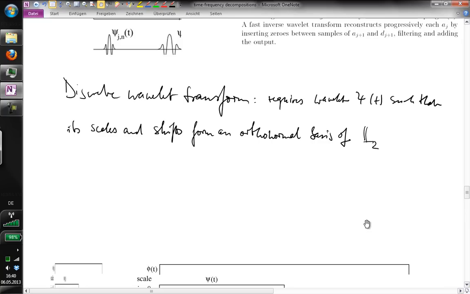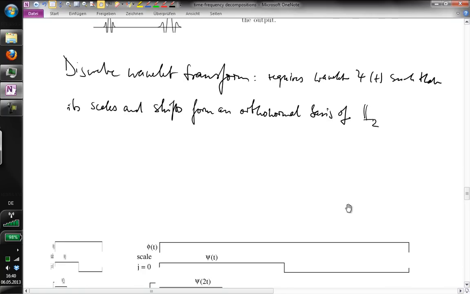And this unitarity constraint you can either express in the Fourier domain, or you can express it in the spatial domain.